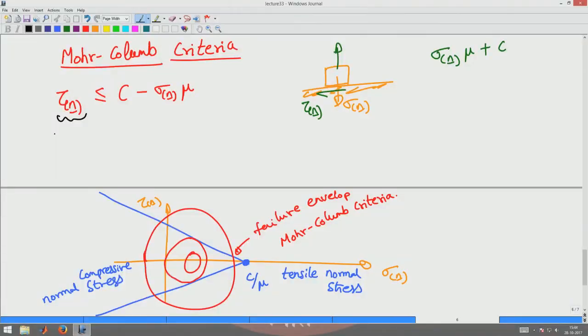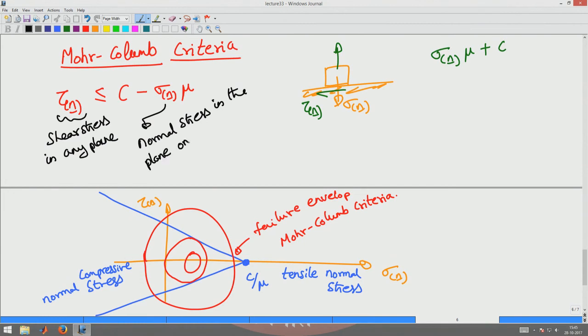Here you have to understand that tau of n is the shear stress in any plane, and this is the corresponding normal stress in the plane on which the shear stress is computed.